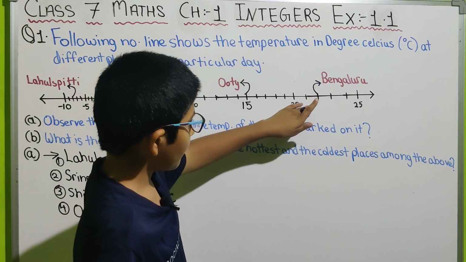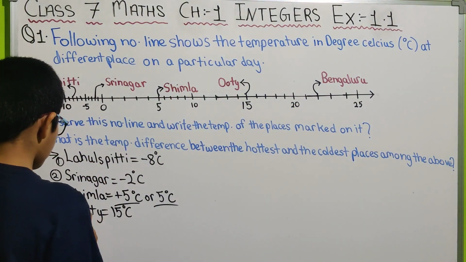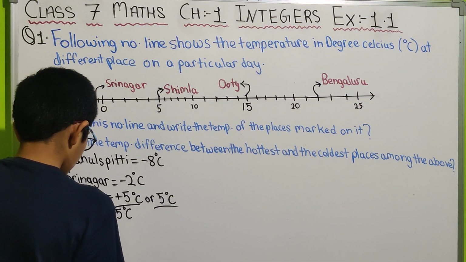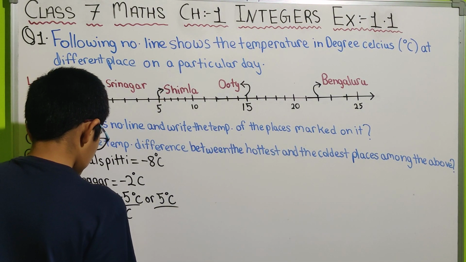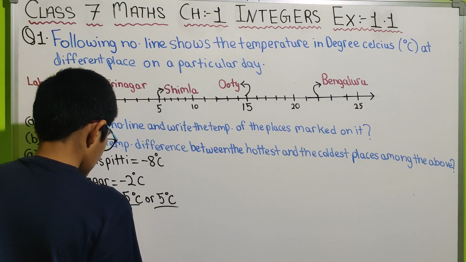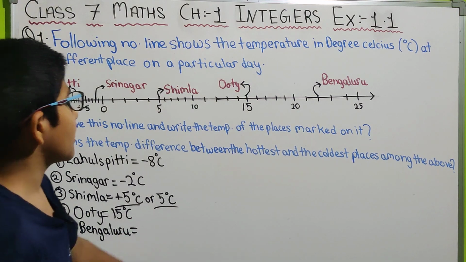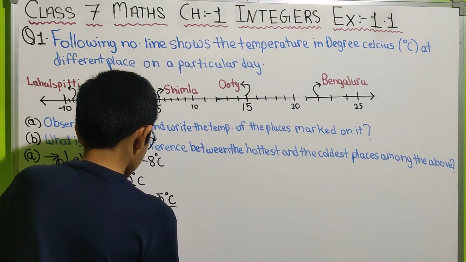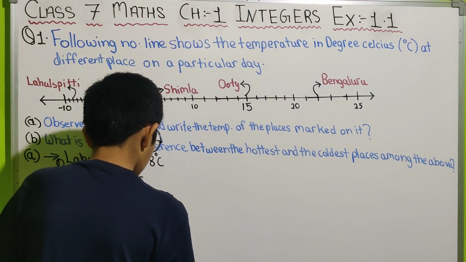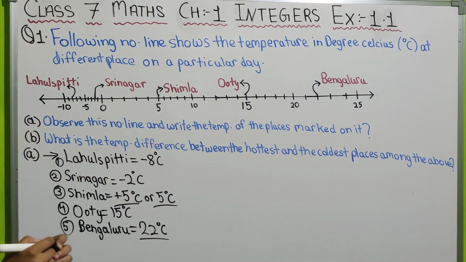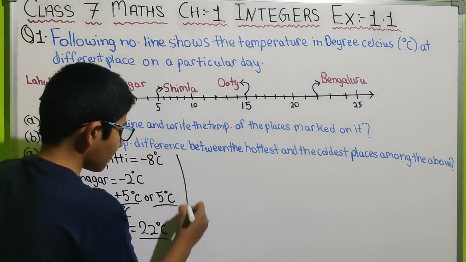Bangalore 20, 21, 22. 22 degrees is the temperature of Bangalore. 22 degrees Celsius. So this is the A1 part.